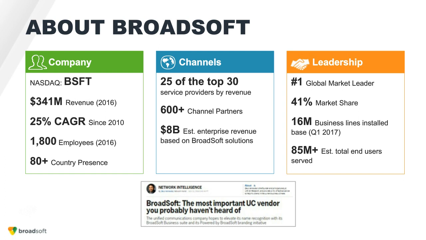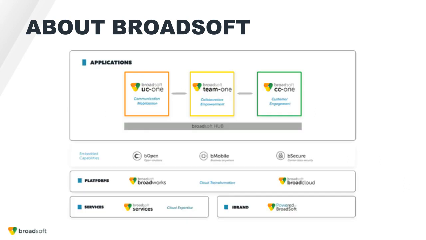So in terms of what BroadSoft makes, our product portfolio has grown considerably since our initial release in 2001. Today we deliver 3 primary applications: UC1, which is a unified communications product for communications mobilization; Team1, which is a team collaboration product for collaboration empowerment; and CC1, which is a contact center product for customer engagement. And those three products are linked together and with the outside world with BroadSoft Hub.